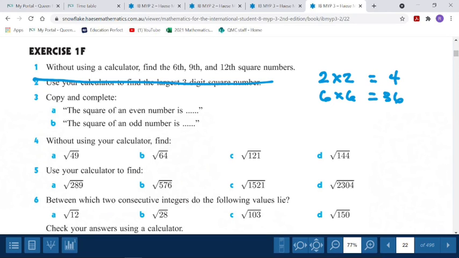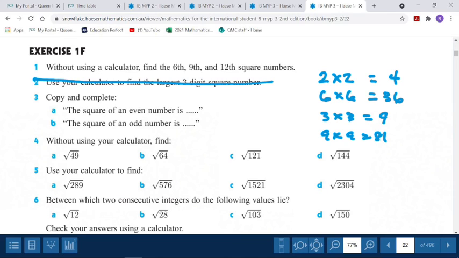The squares of even numbers are even numbers, aren't they? They're all divisible by 2. That's what even means. The square of an odd number. So 3 times 3 is what? 9 times 9 is what? What do you notice about those? They're always odd. And that's always the case. So anytime you square an even number, you're going to get an even number. Anytime you square an odd number, you're always going to get an odd number.